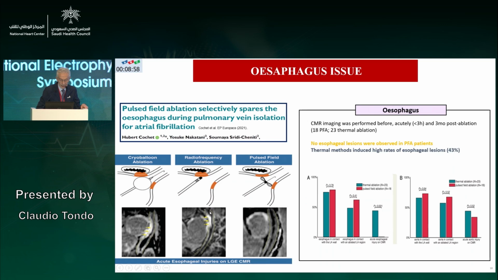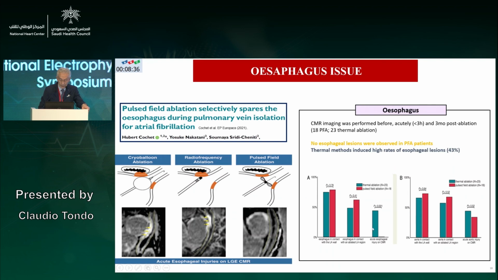Here we have an example of injuries at the MRI after catheter ablation of the posterior wall, or even the cryoballoon, even less frequently, which can promote esophageal lesions, as opposed to pulsed field ablation.